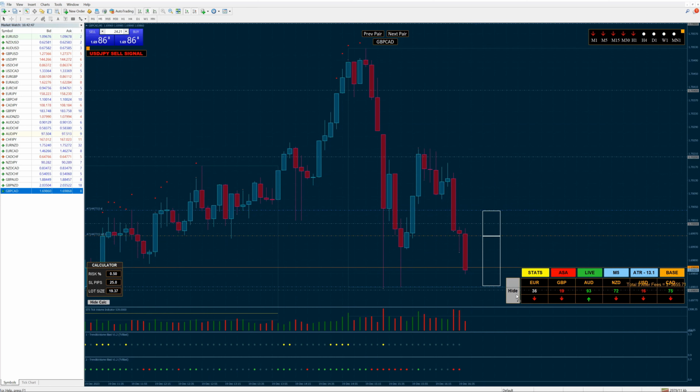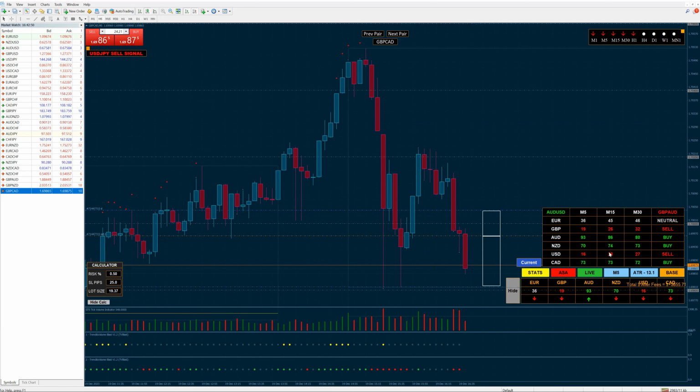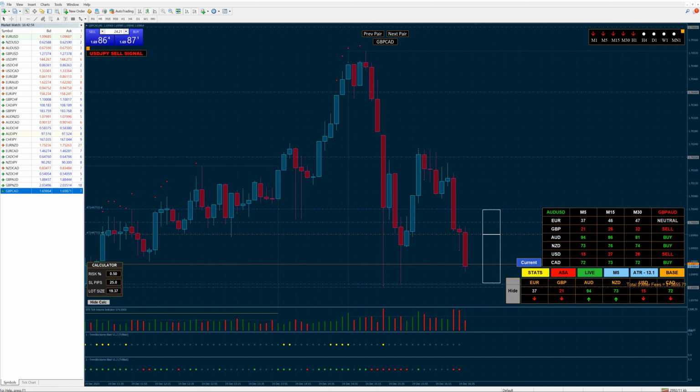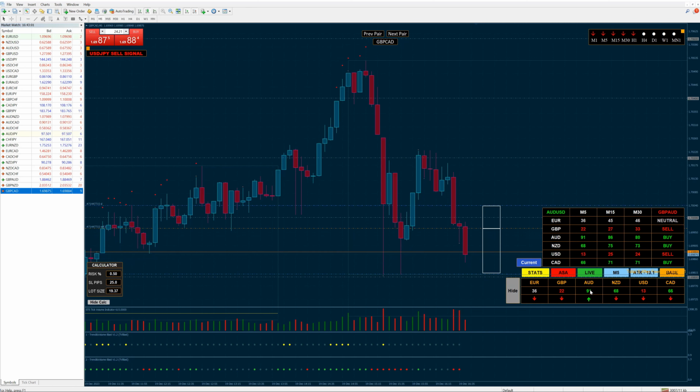And so this system here, once you understand this, this is so powerful because of how it works. A lot of you guys that haven't used it, and some of you that are using it, think that this is a currency strength indicator, and it is not a currency strength indicator. It does identify strengths and weaknesses, but that's not the reason why I built it. This is telling you all euro pairs on average are going down.